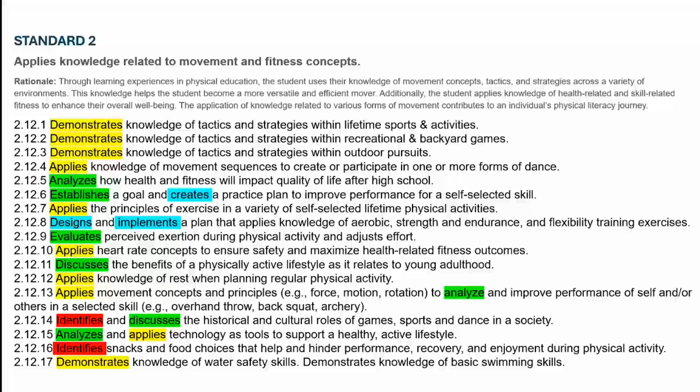And this goes against the PE philosophy that we need to keep students moving 90% of the time. I get that. But if I'm doing what's best for kids and I'm doing what I need for students to be able to meet my objectives, I had to use a variety of facilities. So I've used a classroom. I've used the library. I've used the cafeteria. I've even used the hallway.